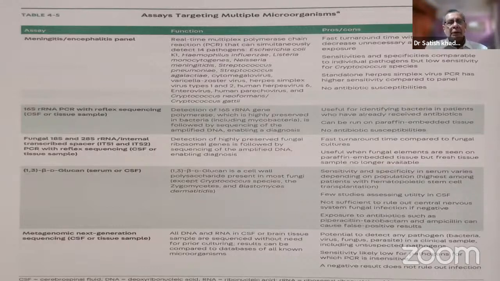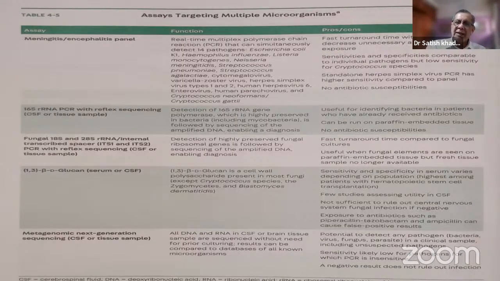Then we come to table 4.5 on assays targeting multiple microorganisms. And I think this is where the world is moving. The ability of next generation sequencing to test multiple polymorphisms is increased such that you can test for all known organisms in one go. And there you have these various panels which are lined out here.